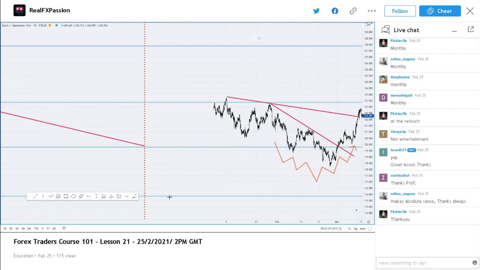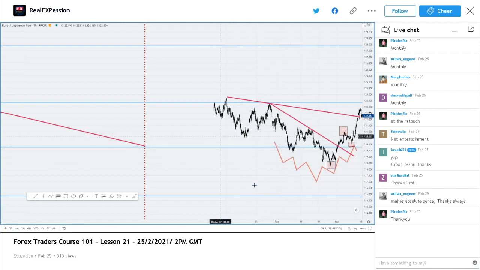So this would be a relevant low, this would be a relevant high, this would be a relevant low. Lee says yes, Long says yes.